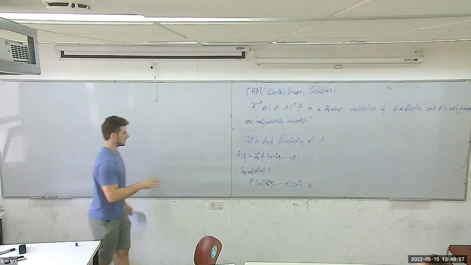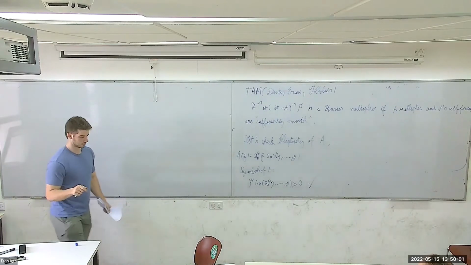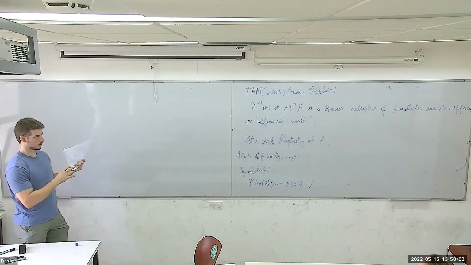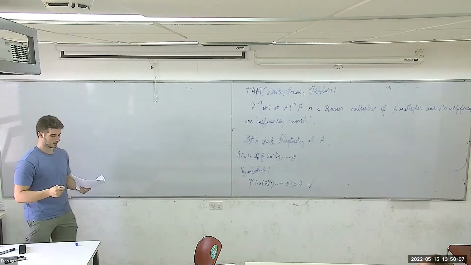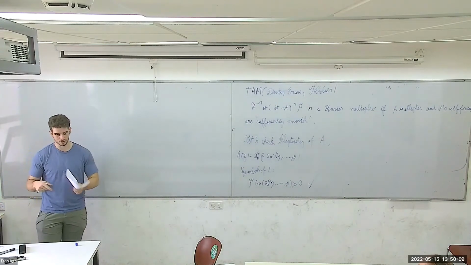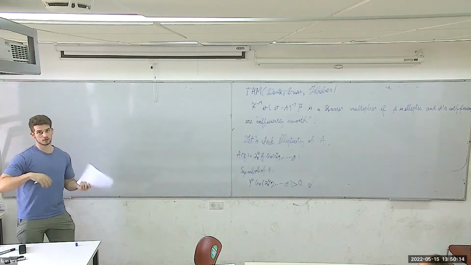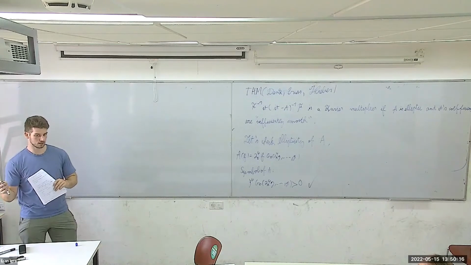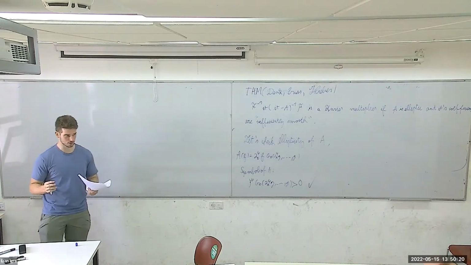To do that, it's important that we have nice enough spaces. The spaces we use are nice enough. If you use, for example, H1 for the heat equation, that is not enough.